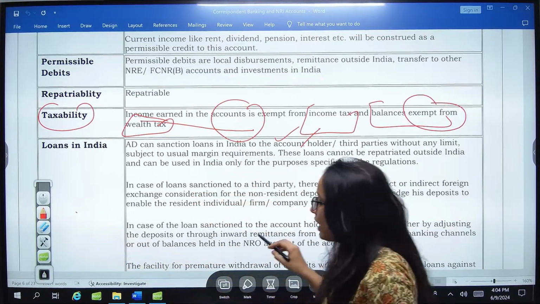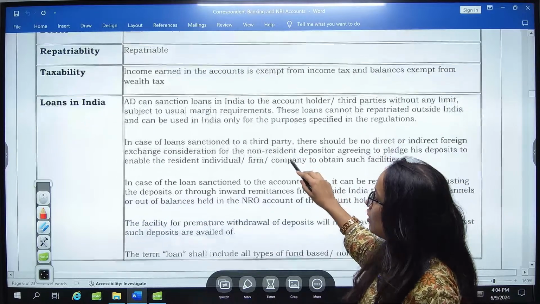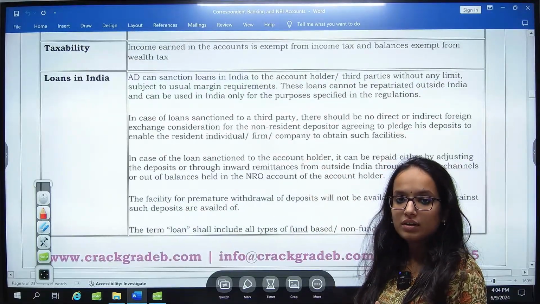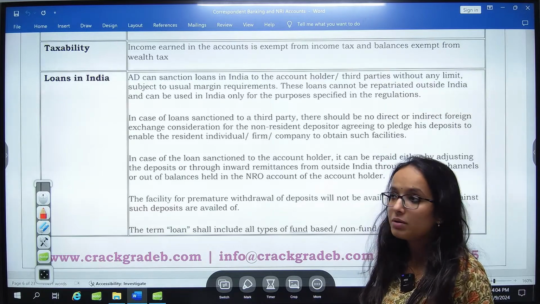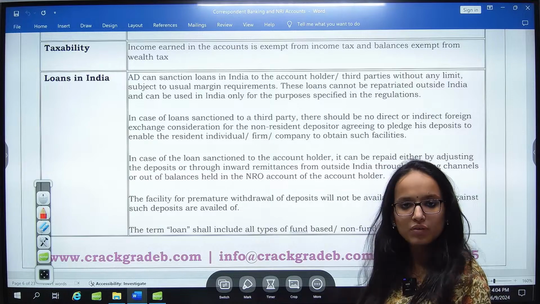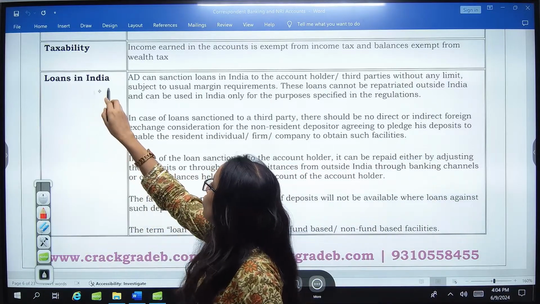Then if we talk about the loan situation, can these FCNRB account holders borrow loans from India, from Indian correspondent banks or authorized dealers? Yes, loans can be provided to them. Okay, let's see. Loans in India.